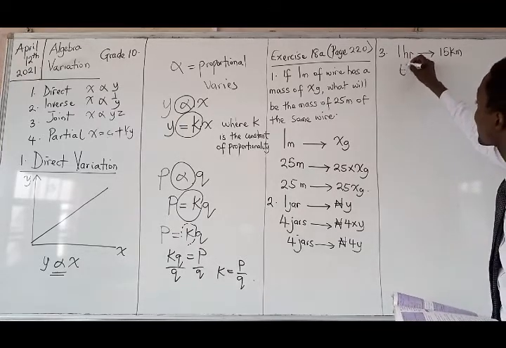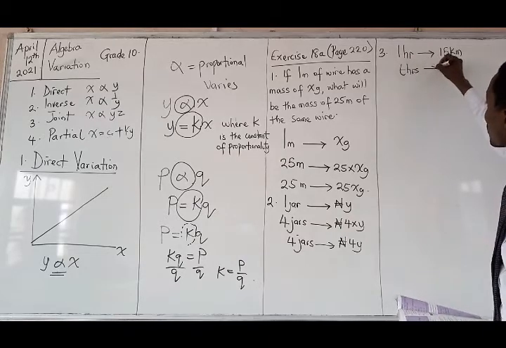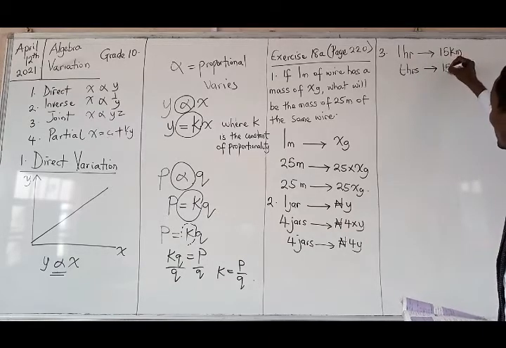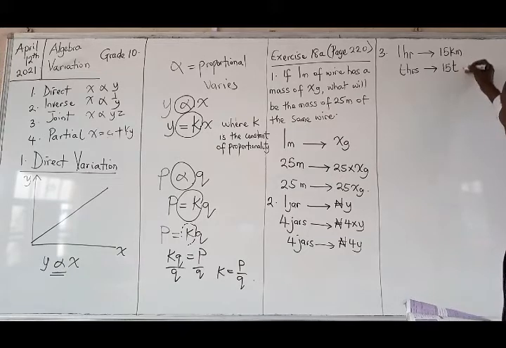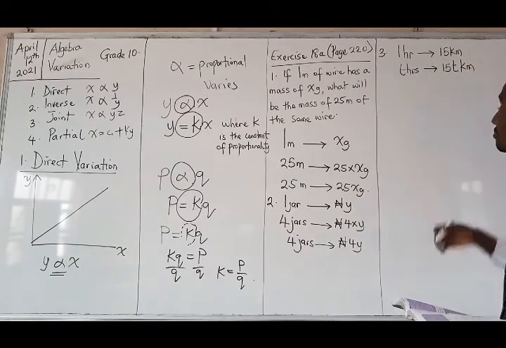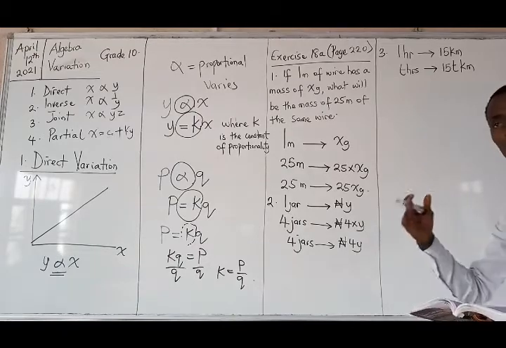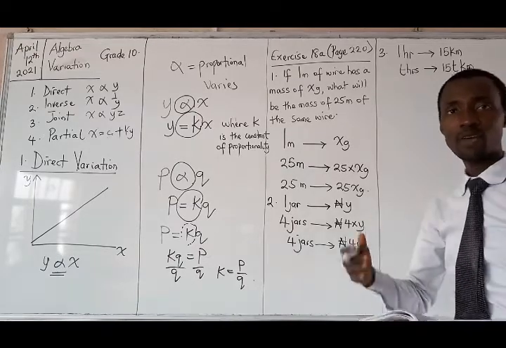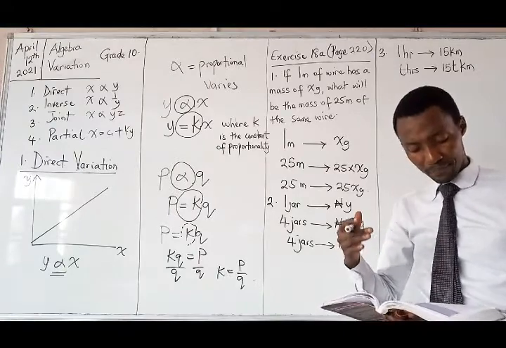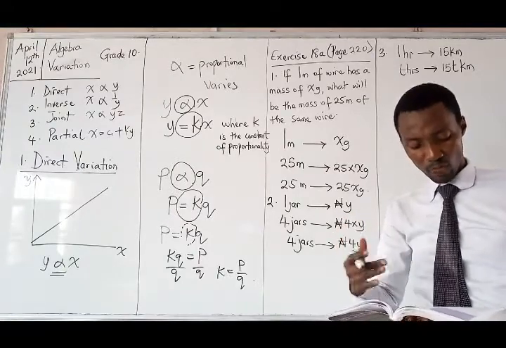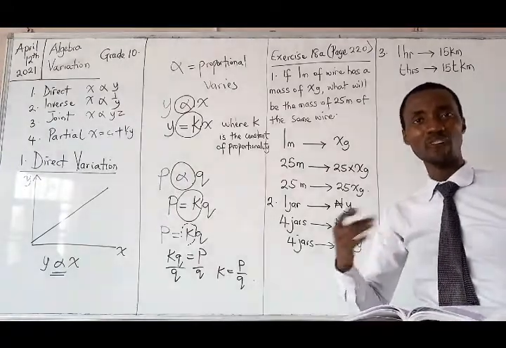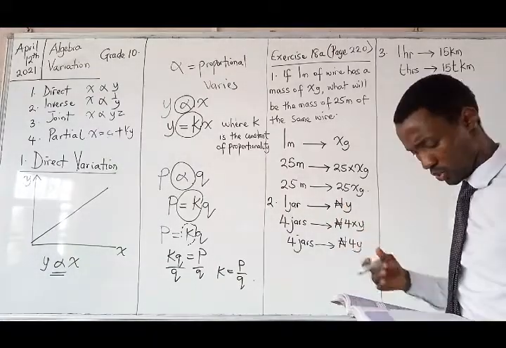So in T hours, he's going to cycle 15T kilometers. That's it, because it's a direct relationship. If you increase the number of hours, we expect that the distance covered will also do what? Increase by the factor of the number of hours you will spend.